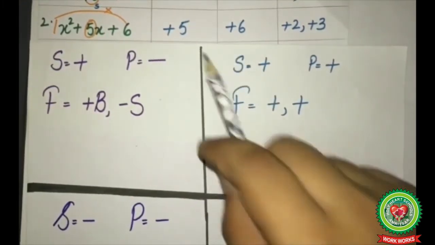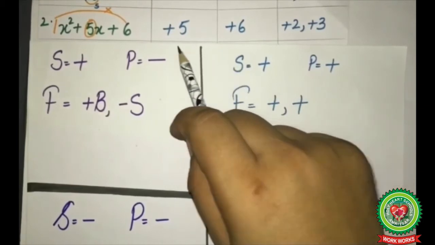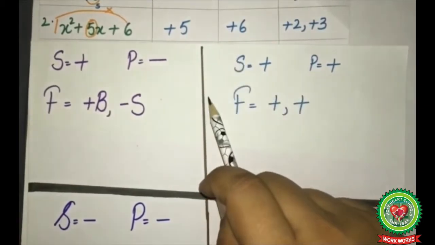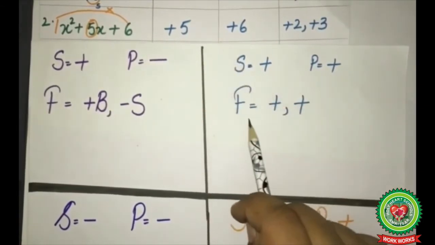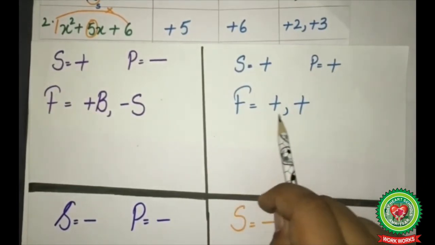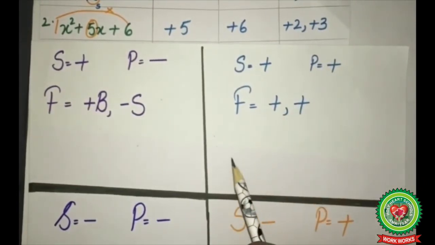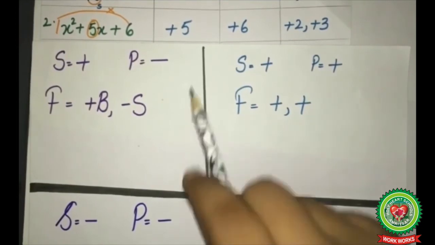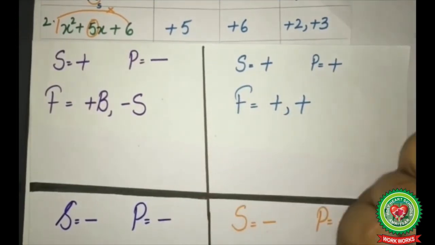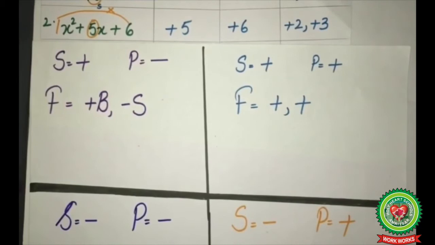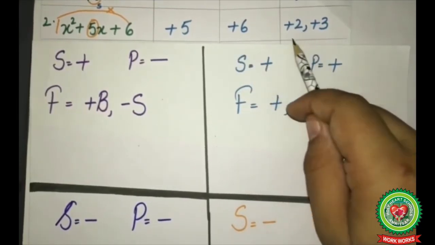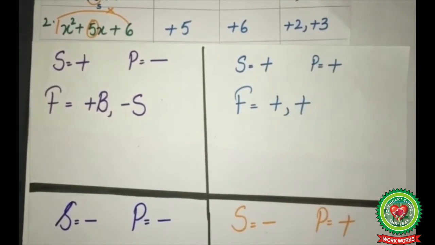Here also the sum and product both have a plus sign, so both the factors will also have the same sign, that is plus only. So now we need two numbers whose sum will be plus 5 and whose product will be 6. Those two numbers are plus 2 and plus 3.